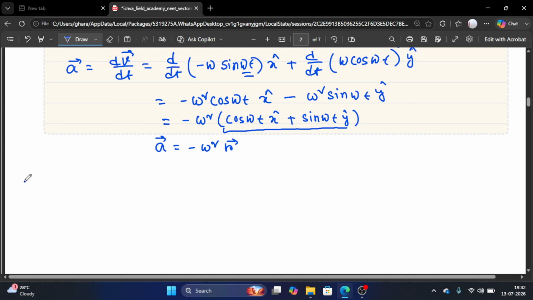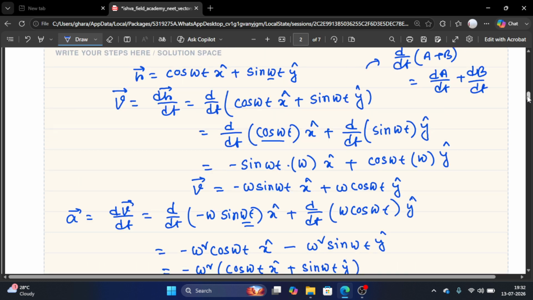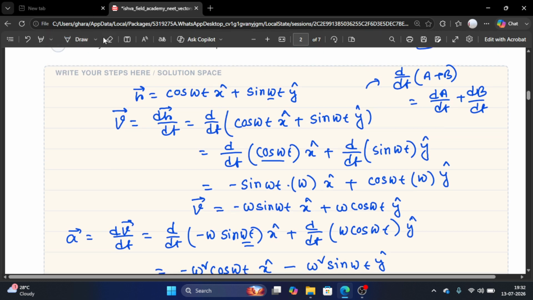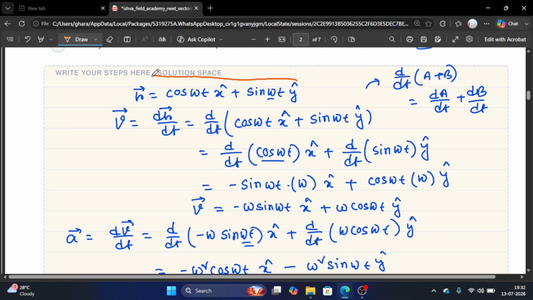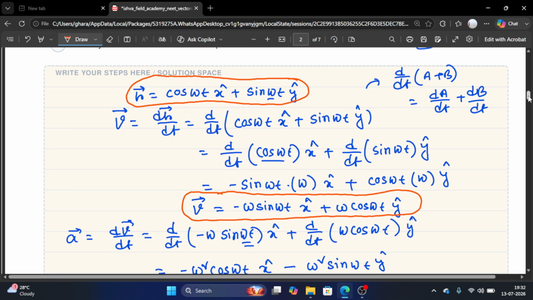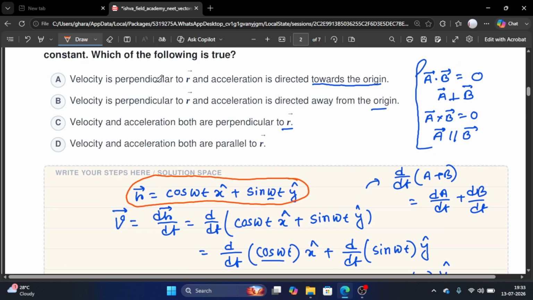So now I have the r vector, the v vector, and the a vector. The question asks that velocity is perpendicular to r and acceleration is directed towards the origin.